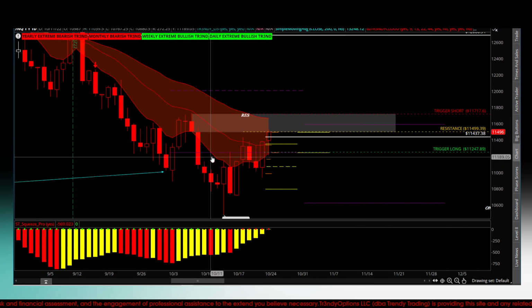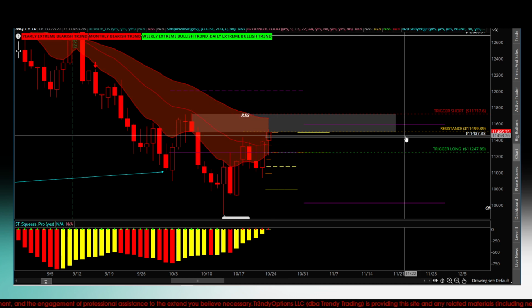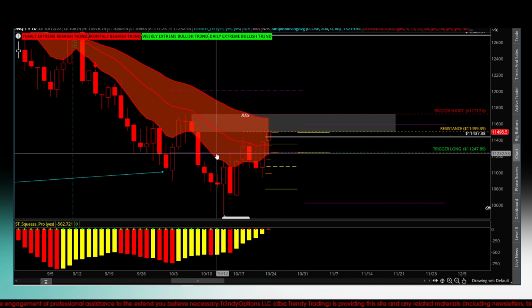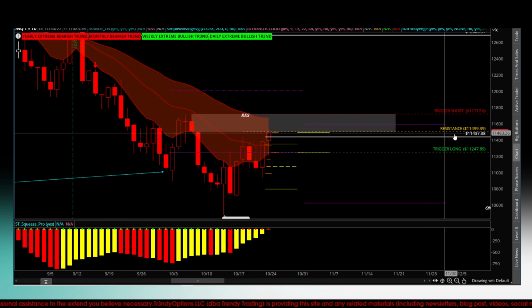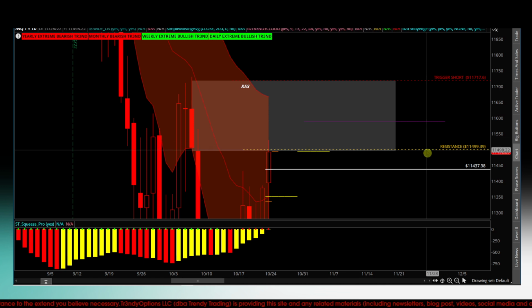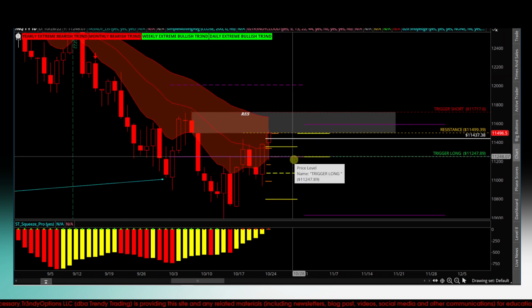You were given an opportunity on NASDAQ futures today: trigger long. Price comes in, we reclaim. Now look where we are, right to the resistance. Beautiful. Absolutely beautiful.